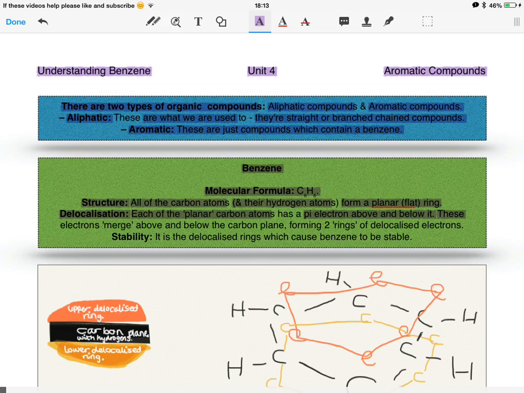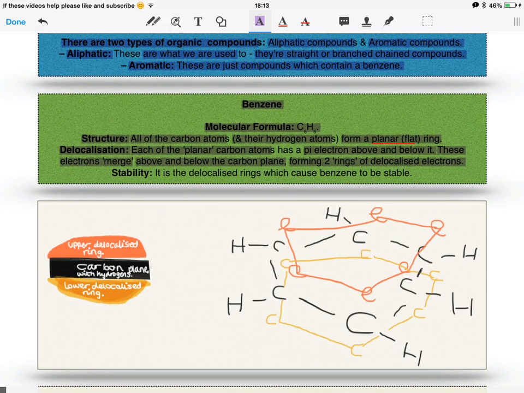These electrons therefore merge, because you can think of it as the electron density all merges, and this is above and below the carbon plane, the 2 pi electrons, forming two rings of delocalized electrons. And then the stability of benzene is due to its delocalized rings, so to reiterate, it's the delocalized rings which cause benzene to be stable.